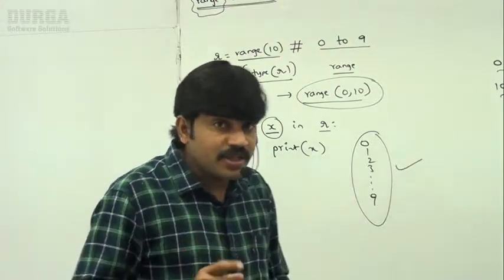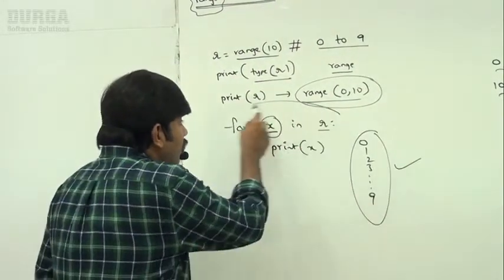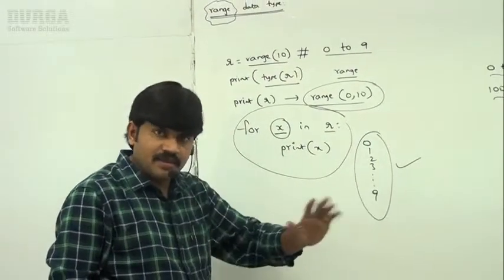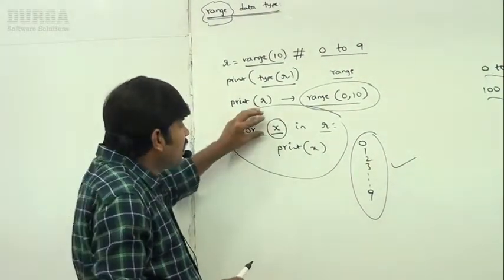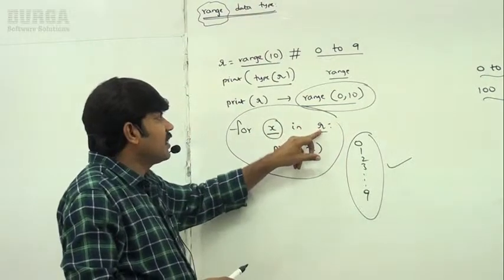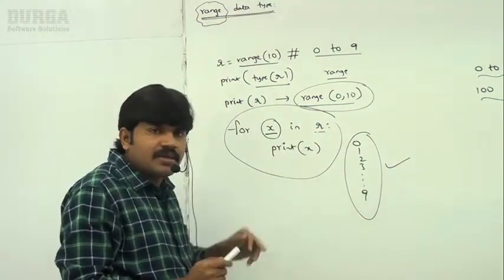Let me cross check. Don't worry, even if you don't know about the for loop, I will discuss it in detail in flow control. Just be aware: for every x value present inside this R, can you please print the x value?